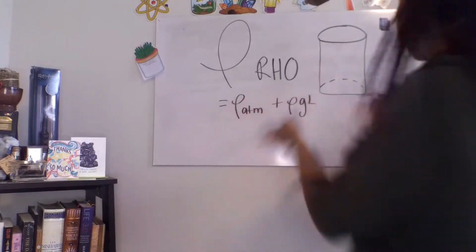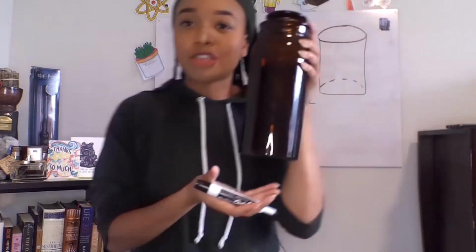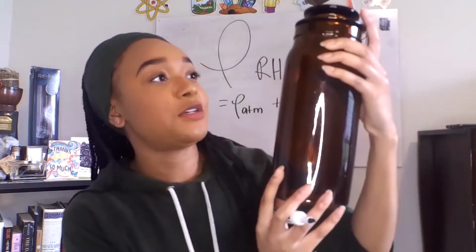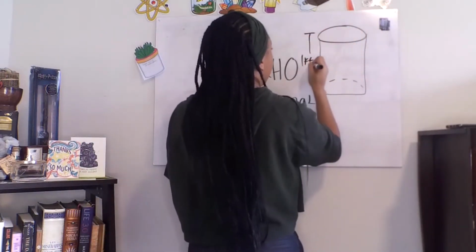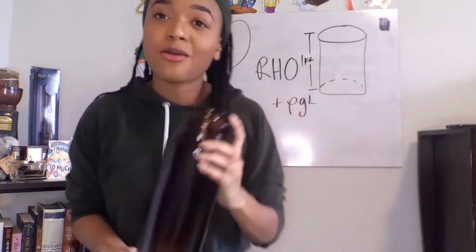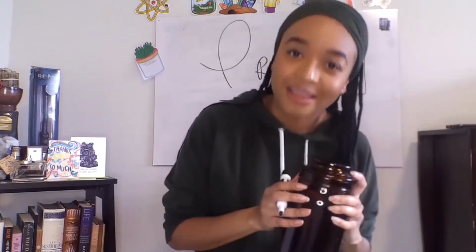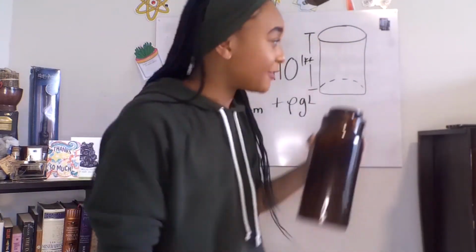So we're going to say the length of this column, what would you say? I would say it's about the length of my face. I would say, I don't know, like a foot. And then we know that gravity is 9.81, as seen in our previous videos.